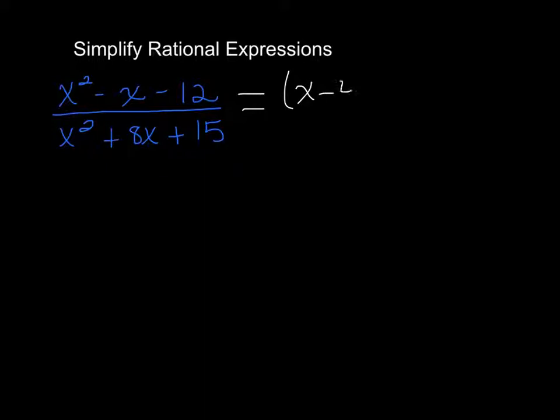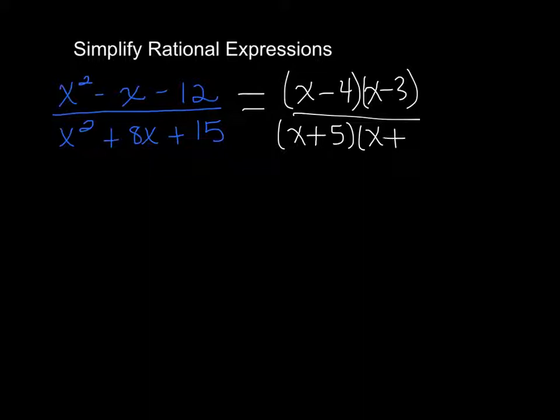Factoring the numerator. And now I am factoring the denominator, and that factors to be x plus 5 times x plus 3. And now let us cancel out common factors.